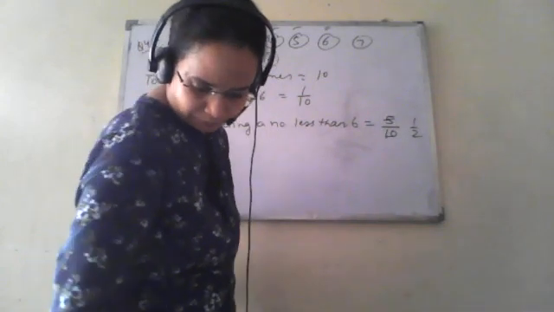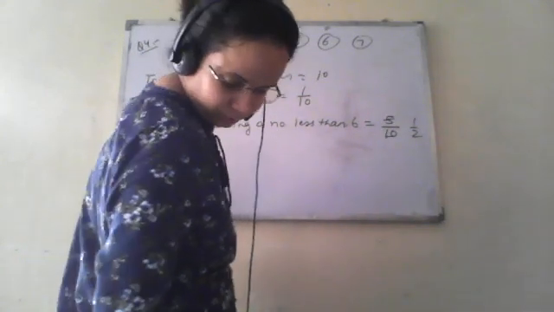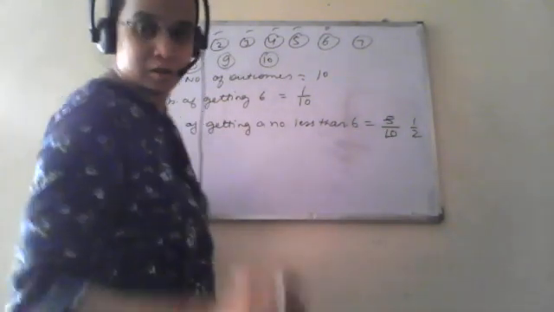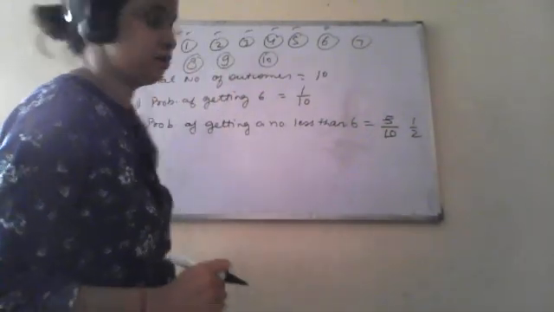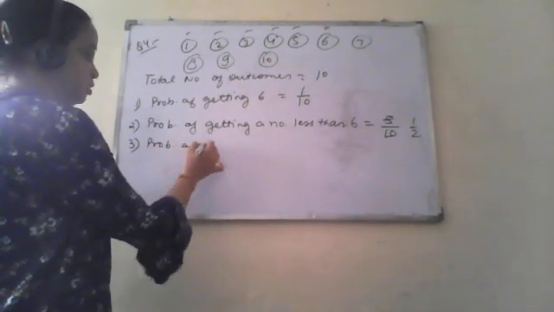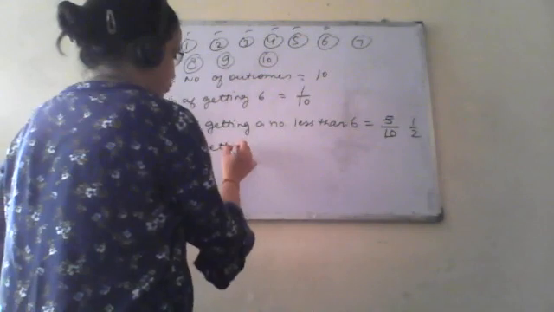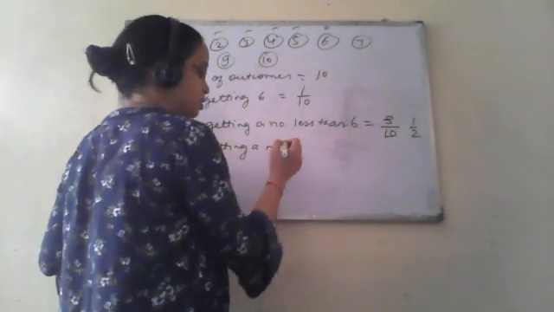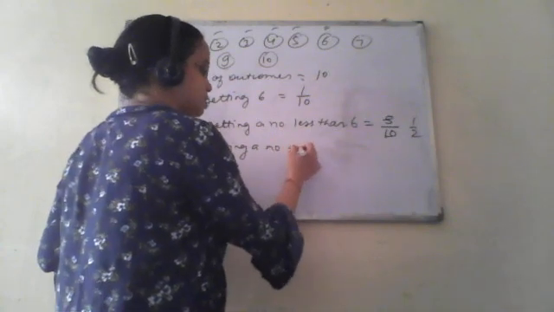Now probability of getting a number greater than 6.